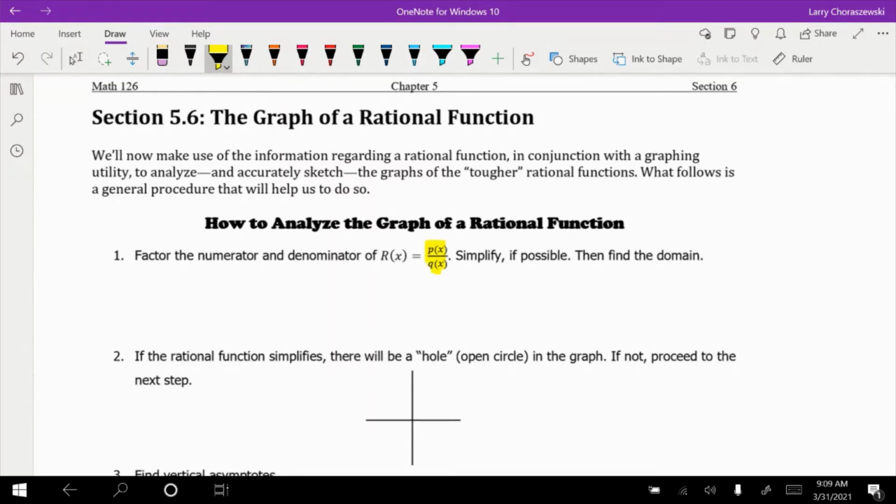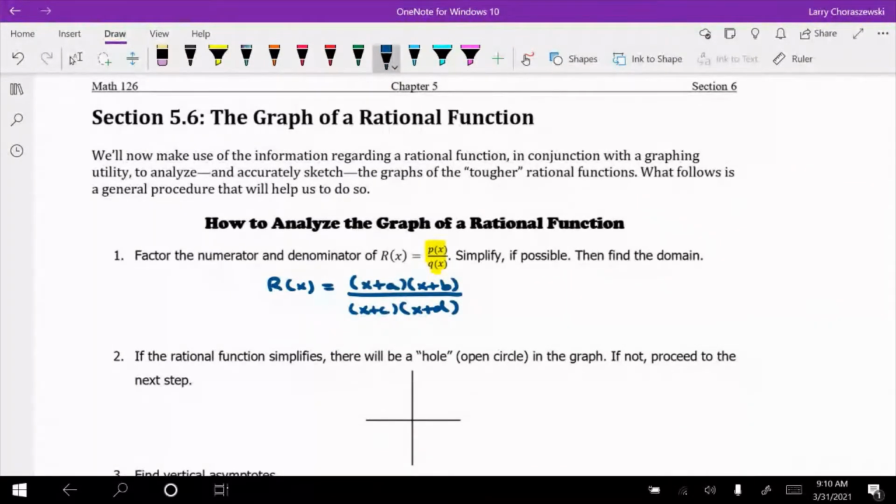In other words, you want to factor the top polynomial and bottom polynomial if possible. So for instance, we might be able to rewrite our rational function in a factored form where the top is, say, x plus a, x plus b, and on the bottom we've got x plus c, x plus d.